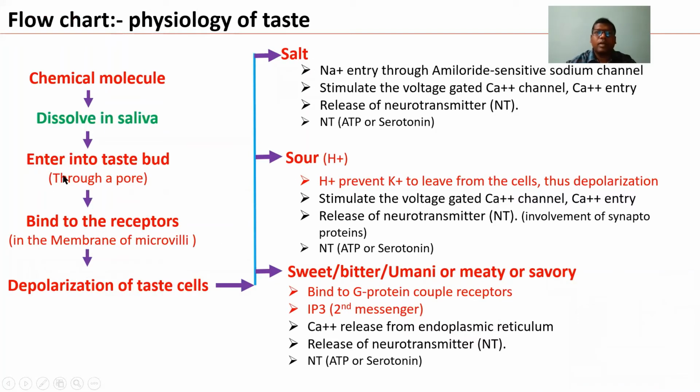Let us see how the taste cell receptors are stimulated. The molecule may be salt, a hydrogen ion because of sour, a bitter chemical, or a sweet one like polysaccharide or glucose. First, the molecule has to dissolve in the saliva. After dissolving in the saliva, the molecule enters the taste bud through a pore.